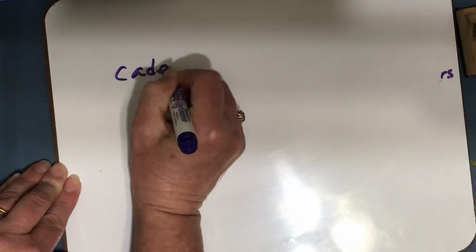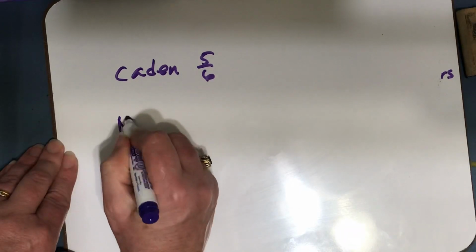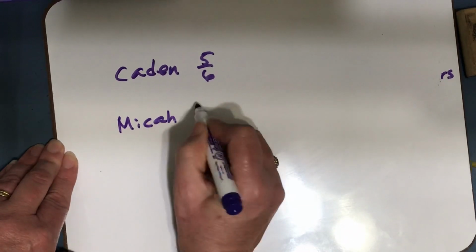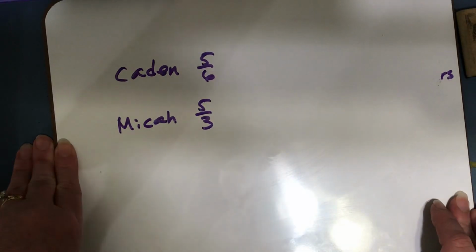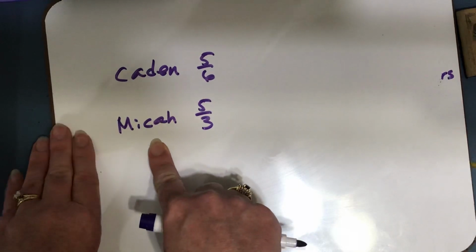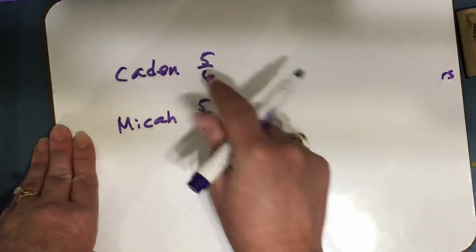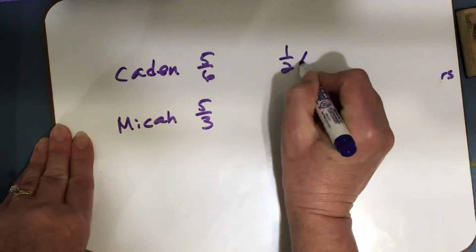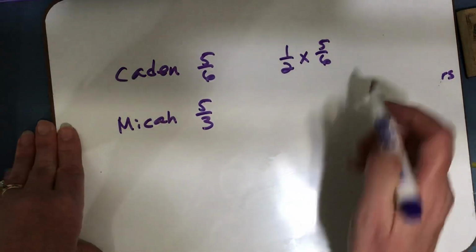So Caden, 5/6 of an hour, and Micah, 5/3 of an hour. So we want to know if Micah spends half as much time practicing as Caden. So I would take 1/2 of Caden. So 1/2 times 5/6. And let's see if that equals 5/3.